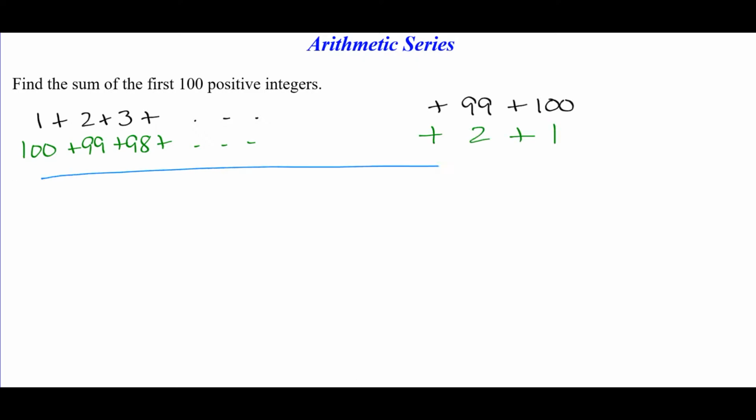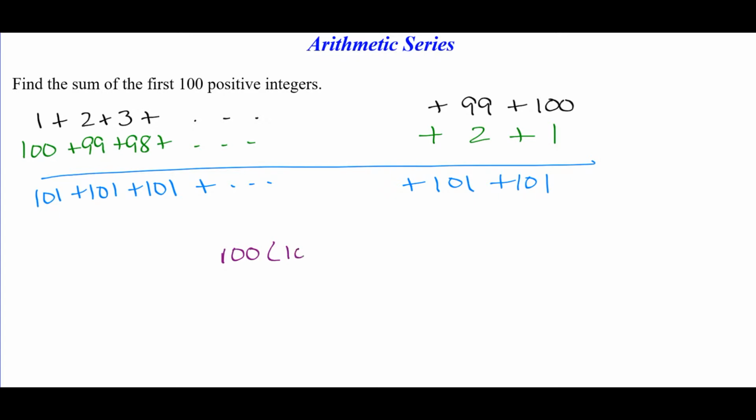Then if we think about adding each of these columns, we get 101 plus 101 plus 101, etc. So what I would have here would be 100 101s, which gives me 10,100. But that's the black numbers plus the green numbers, and I only wanted the black numbers.